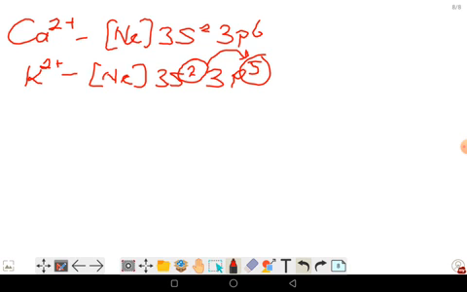So electrons can migrate from 3s to 3p. That is the excited state configuration. If that happens, the 3s orbital is going to be a 1, which is stable, while the 3p orbital is going to be a 6, which is equally stable. So stability is not going to be a question here because both of them are stable.